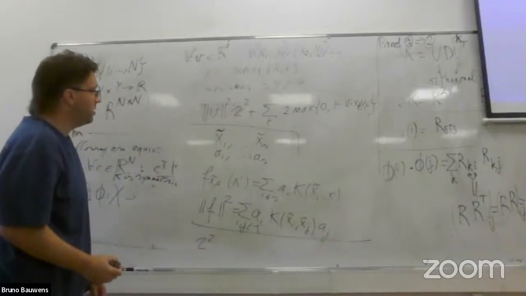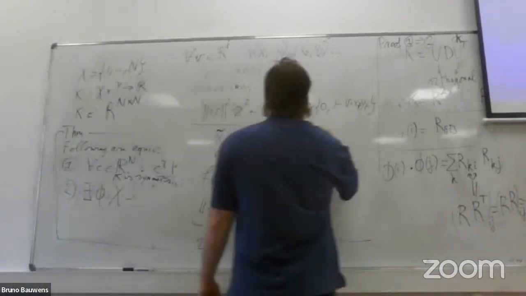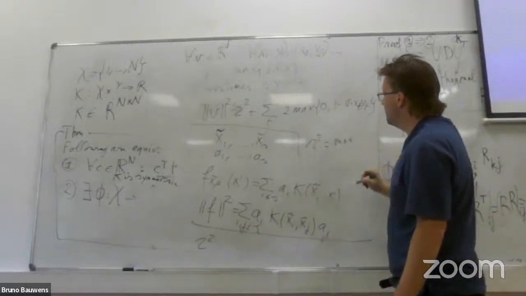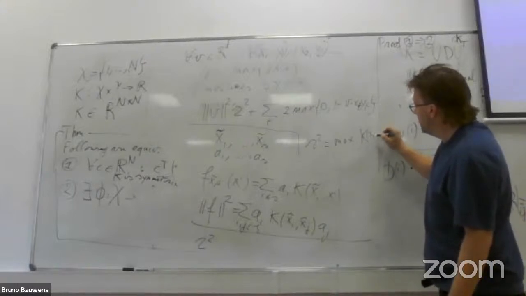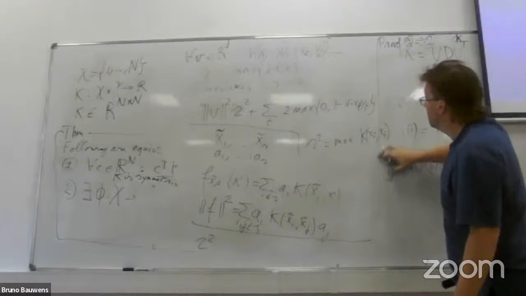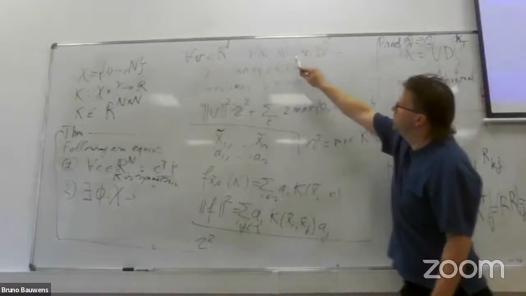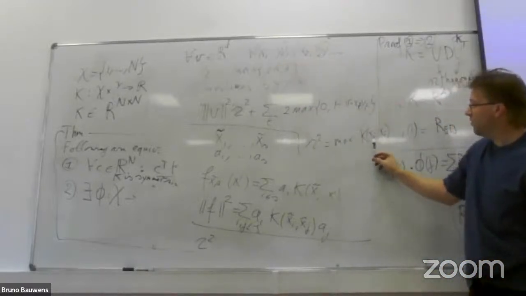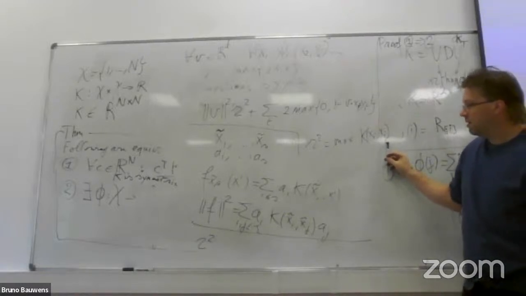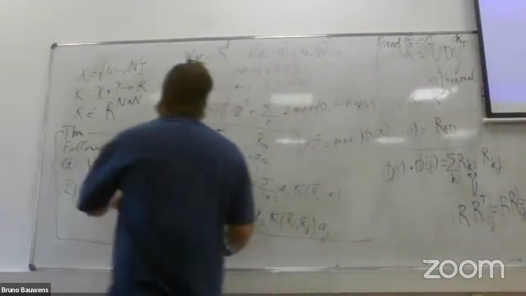Oh, I need to tell what the new R squared is. It will be the maximum norm of the feature vectors, so the maximum value of K(x_i, x_i) over our input sequence. This is R squared, and now we are ready.